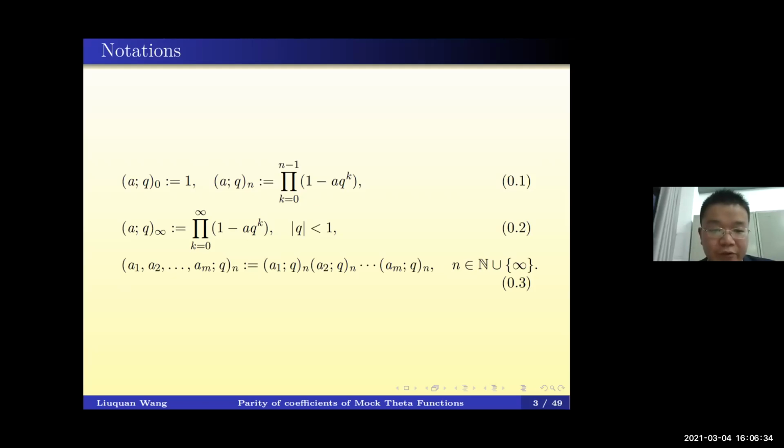Sometimes we will deal with many such products, so we use this brief notation: we have the comma base q, and then m parameters a_1, a_2 up to a_m. This will mean the m-fold product on the right hand side.